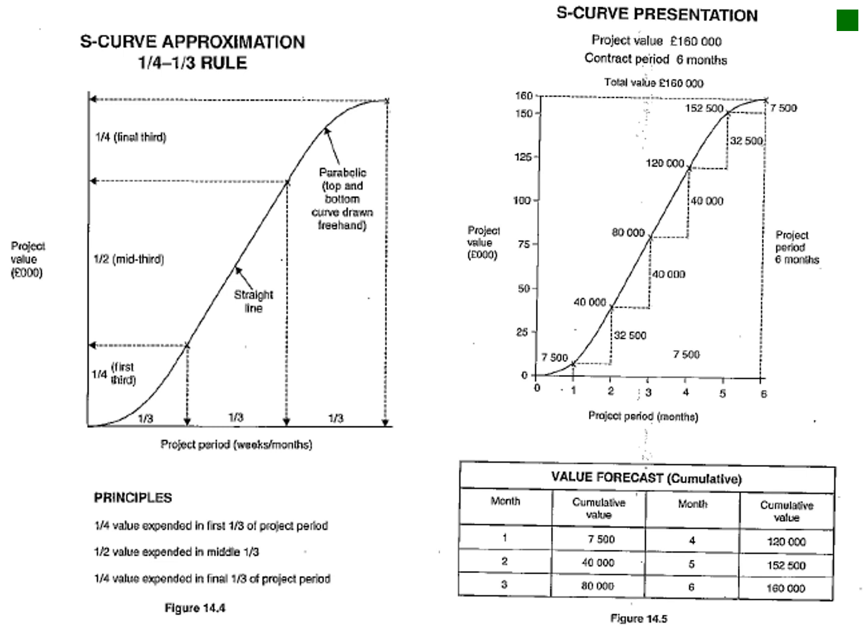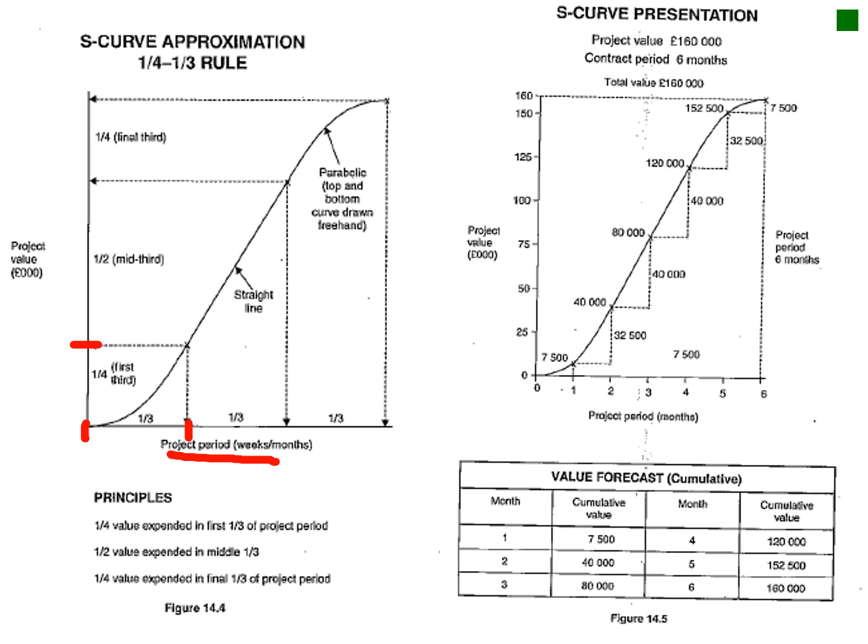the S-curve, and the S-curve is very easy. You've got a quarter, half, and quarter rule. Okay, so in your first third of your project you will spend a quarter of your resources.